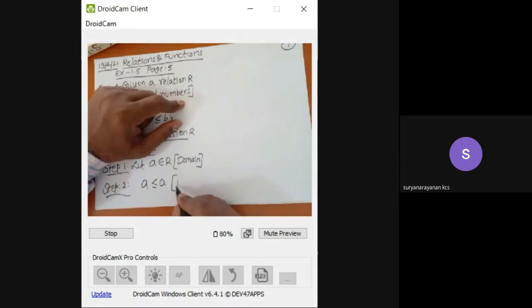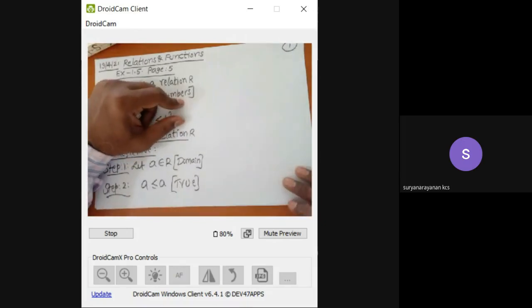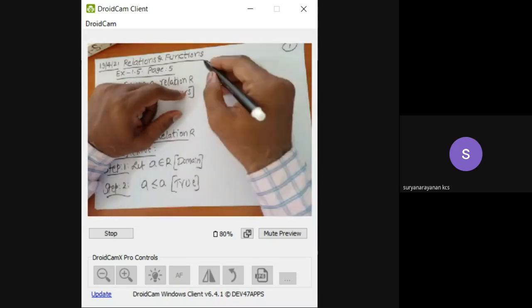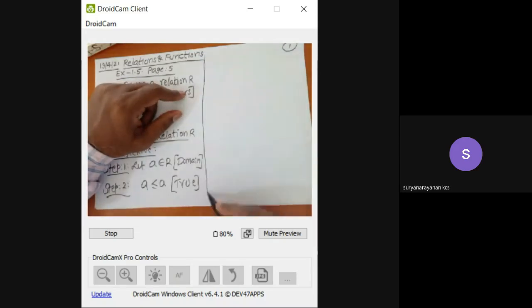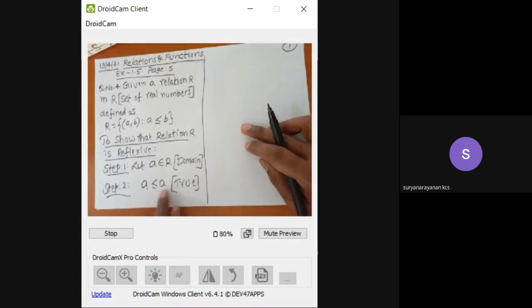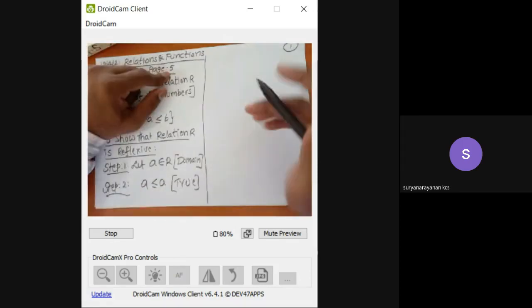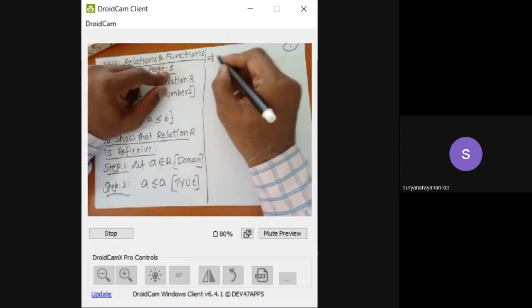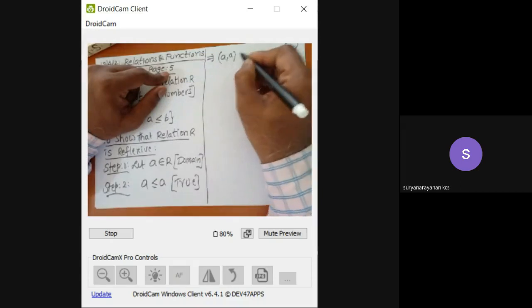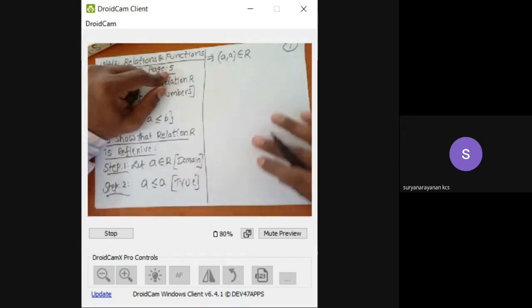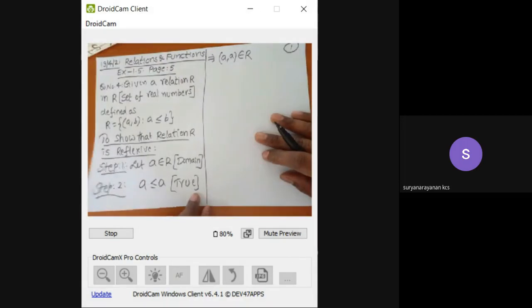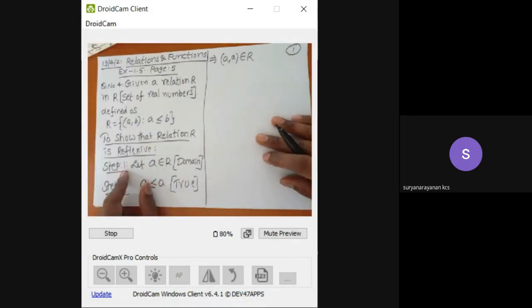So here we got a true statement. Then what will you conclude here? A is less than or equal to A is true. This implies that we can write the ordered pair (A, A) belongs to R. Yes or no?